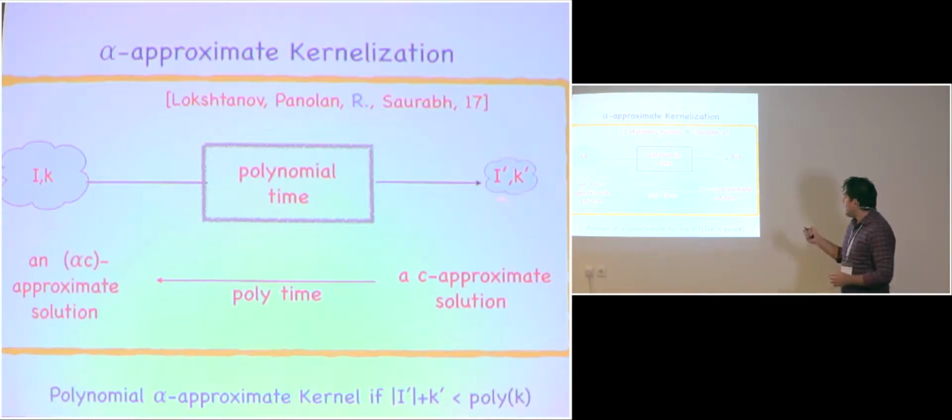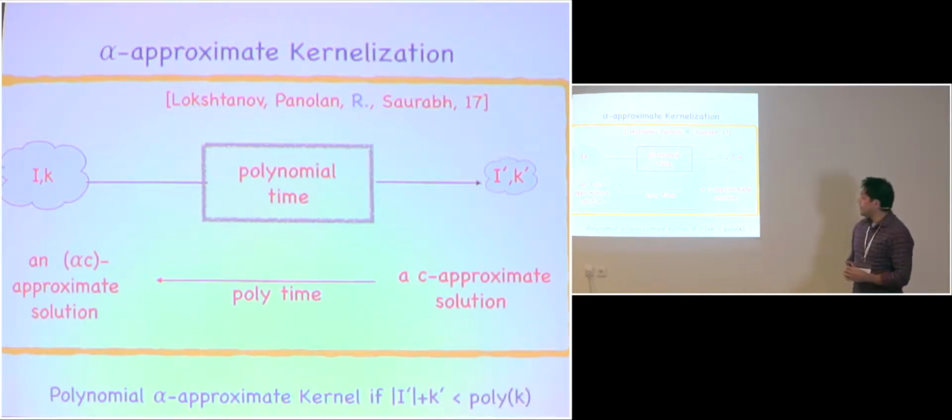The size of I prime comma k prime should be bounded by a function of k as before. But the new thing is that if someone gives you a C approximate solution for the reduced instance, you should be able to efficiently, and by efficiently I mean in polynomial time, pull it back into an alpha C approximate solution for the original instance.